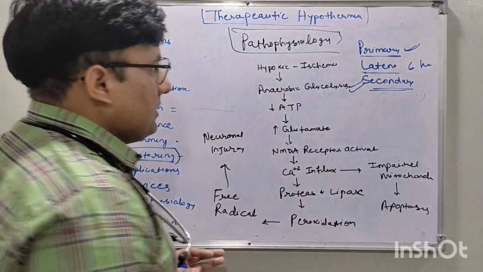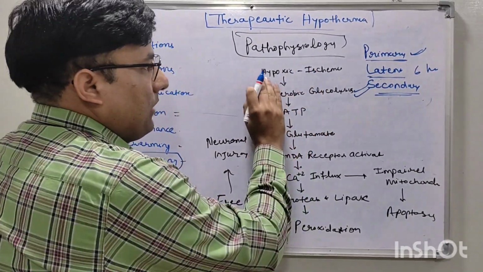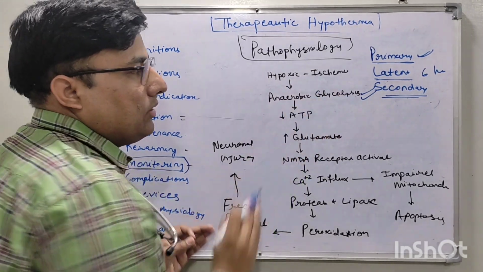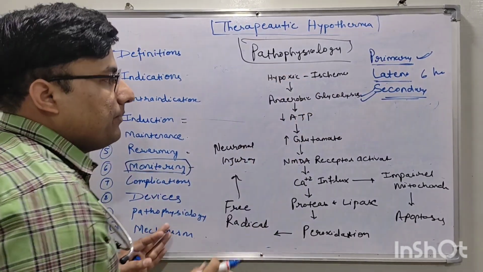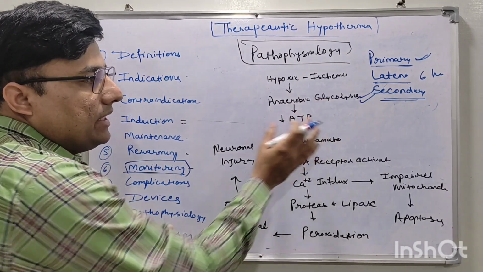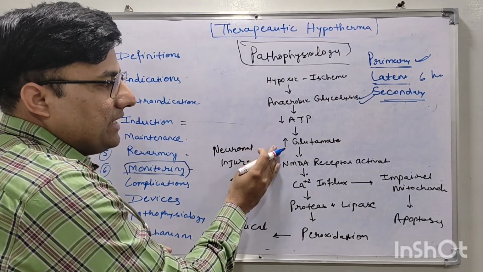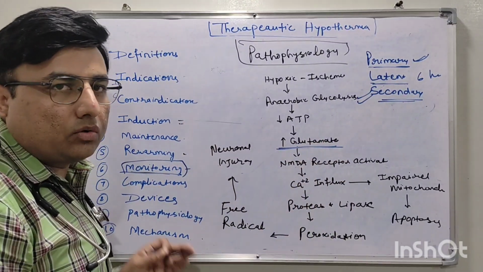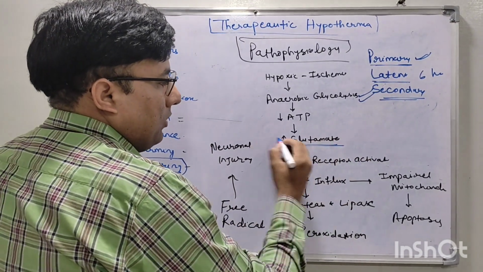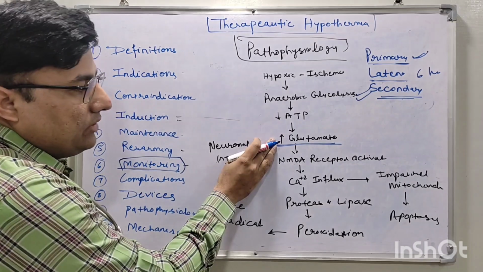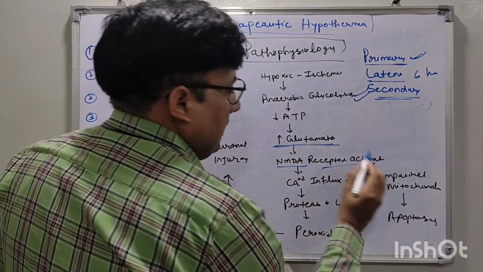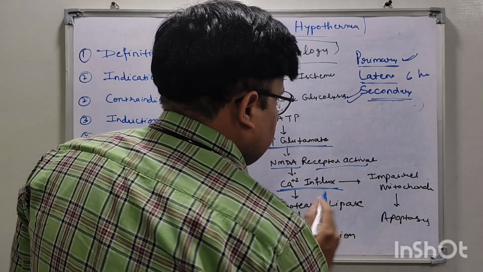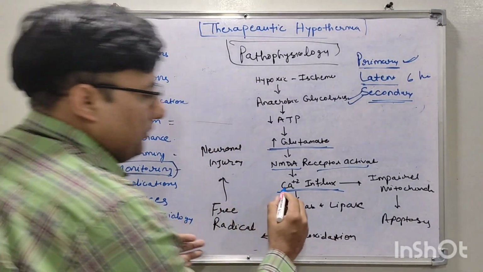So how does it happen? If any hypoxic ischemic event happens, anaerobic glycolysis will start because of hypoxia. In anaerobic glycolysis, ATP will decrease. Because of the decrease in ATP, there will be accumulation of glutamate, the cytotoxic amino acid. Because of the increase in glutamate, the NMDA receptor will be activated, and there will be calcium influx into the brain cells.